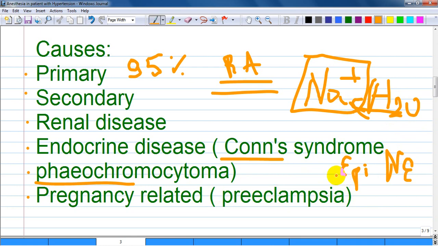It's a sympathetic, adrenergic drive. And there are pregnancy-related causes, like preeclampsia, which is triggered by problems at the level of the placenta. The placenta does not receive the amount of blood that it needs, and it increases secretion of many hormones that contribute to increasing blood pressure.